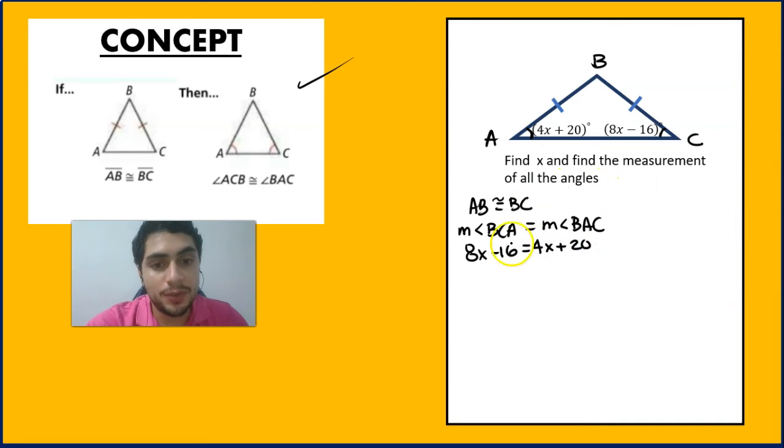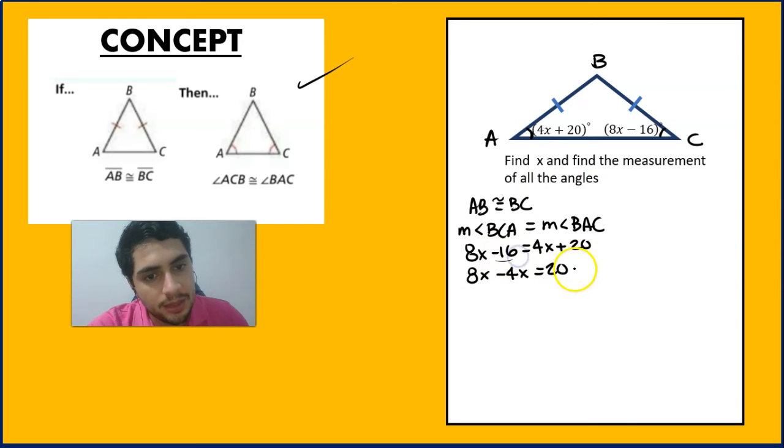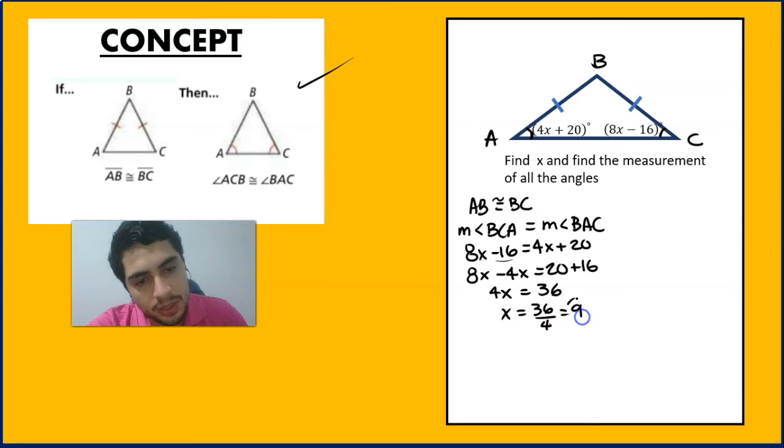And we're just going to solve the equation. So we have 8x minus 4x is equal to 20, and then plus 16. So we have 4x is equal to 20 plus 16, which is going to be 36. Now we have that x is equal to 36 divided by 4, which is going to give us a value of 9. So now we found that the value of x is going to be 9.